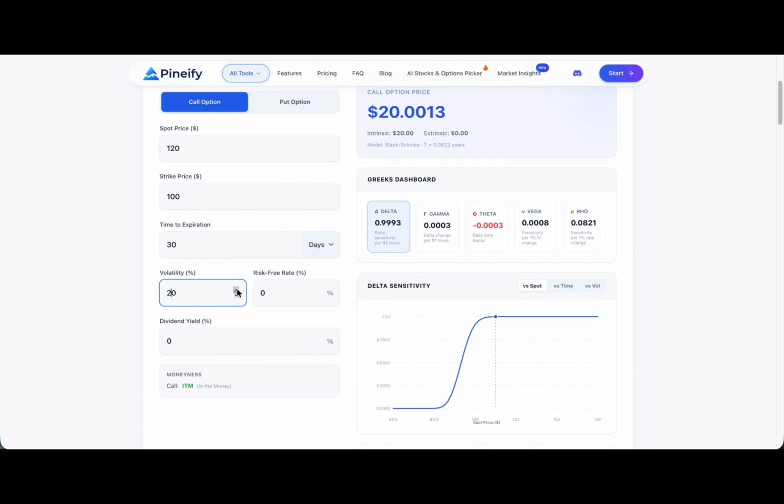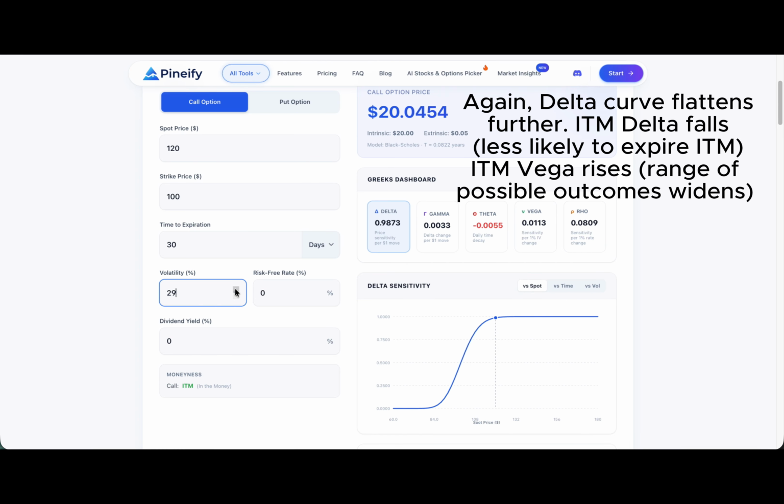And as you see here now, as we increase the volatility, you start to see that, of course, the price will increase because there is still value in the option. Why is that? Because at this point in time, with 20%, the option can still gain more value because it has not reached the 1 in the delta.